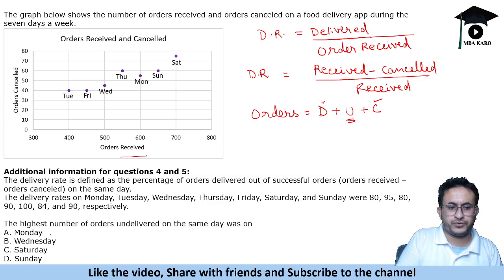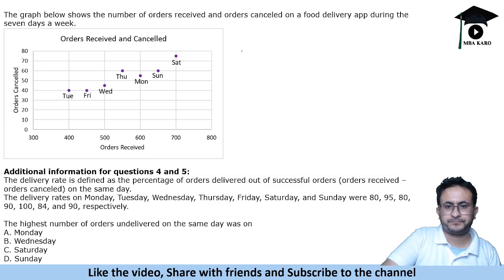So again we will have to use only these 4 days: Monday, Wednesday, Saturday and Sunday. Okay, so let's make a table on this. So first is orders received. Okay, then we are given the delivery rate. Using that we will find the number of orders delivered.